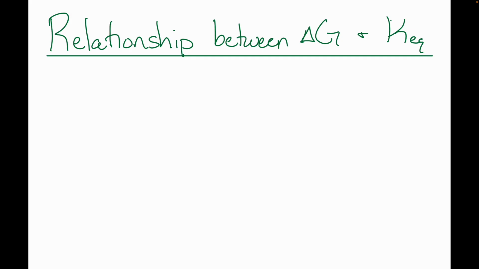All right. It turns out that the equilibrium constant is equal to e, that magic number that comes out of our calculus, to the negative delta G naught over RT.